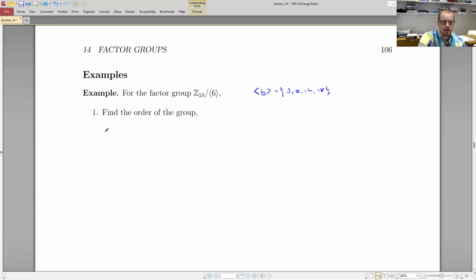So Z24 is finite, which is wonderful. This allows us to use the content developed for proving Lagrange's theorem.